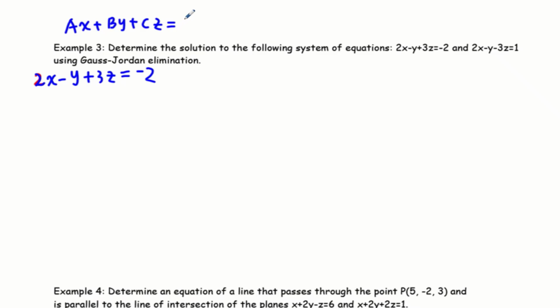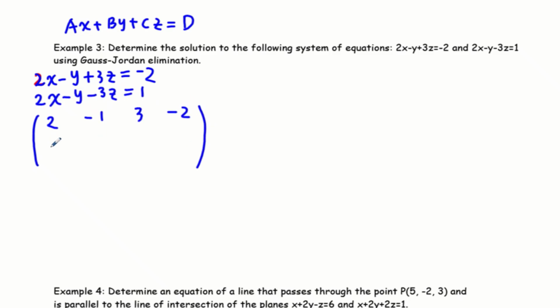So this one we could write as d, but h actually is negative d. But anyway, we write it in this way. Then we convert it to the matrix. We just keep the numbers at the front of x, y, z, and also the constant on the right side, down here, negative 3, 1.